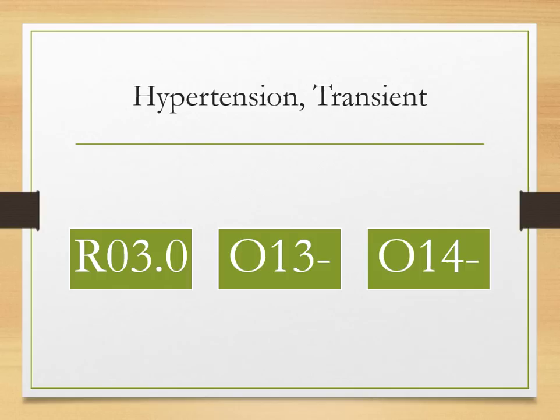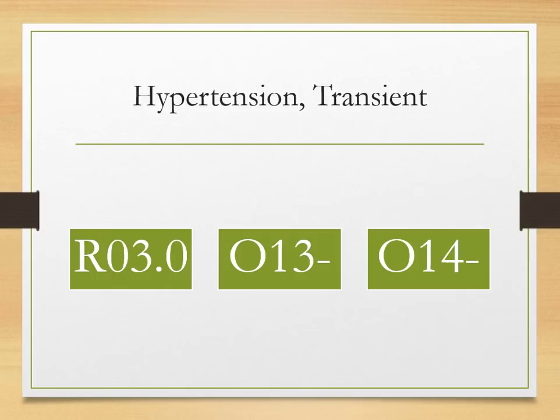Transient hypertension. Three codes we want to look at here and related guidelines. So R03.0 is only used when the patient has an elevated blood pressure reading without the diagnosis of hypertension. If the patient has an established diagnosis of hypertension, you're not going to use R03.0.